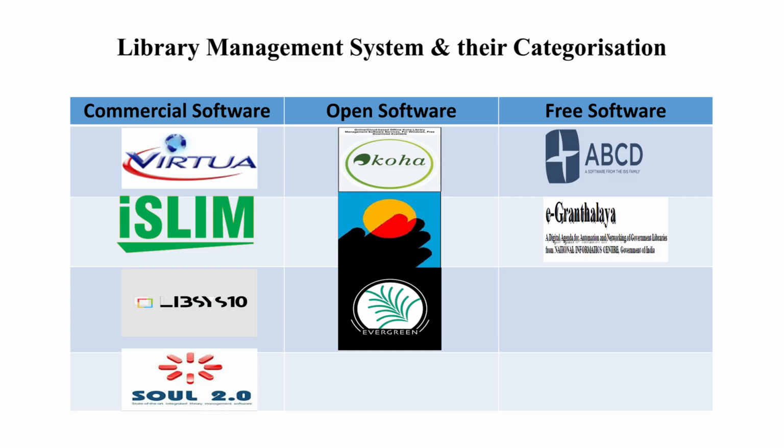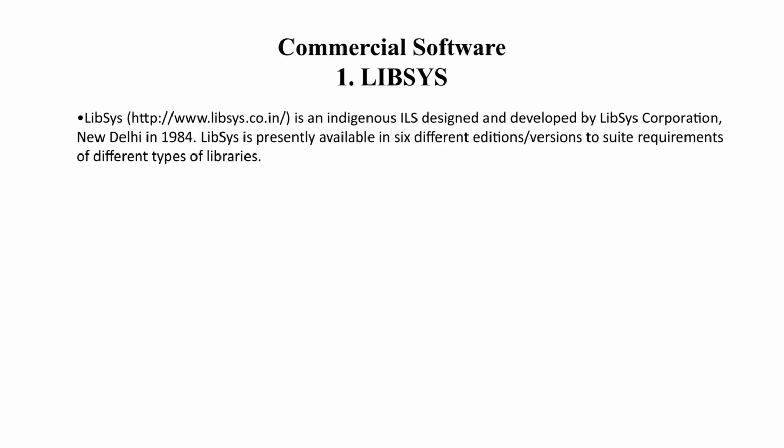So the first one, very popular one, in fact, comes with a name called LIBSYS. Actually, LIBSYS is very popular in Indian context and it is an indigenous software. LIBSYS is very well known for different types of libraries.